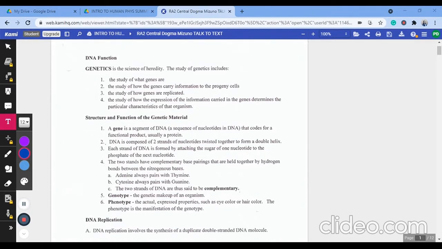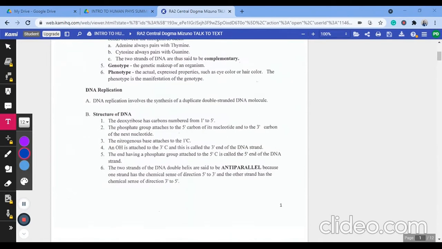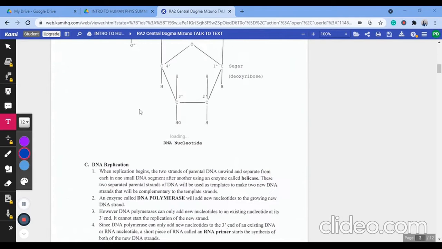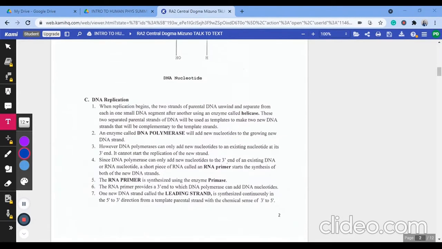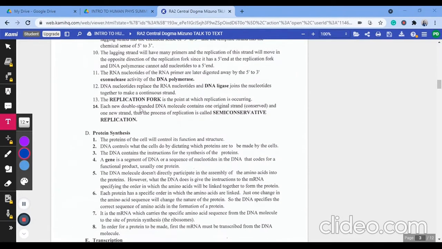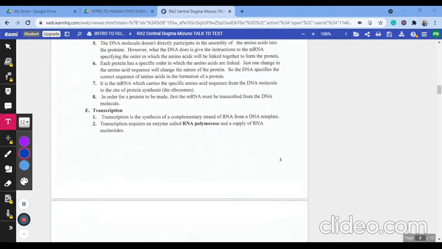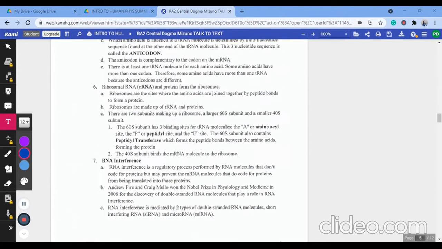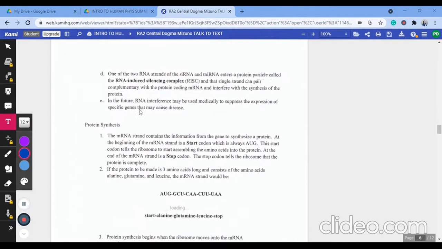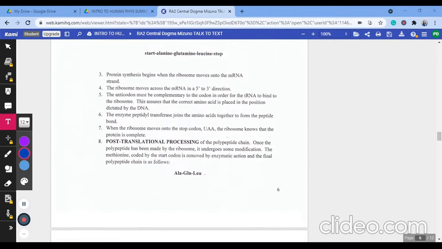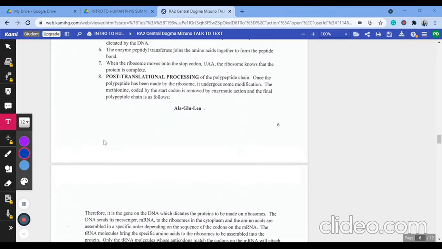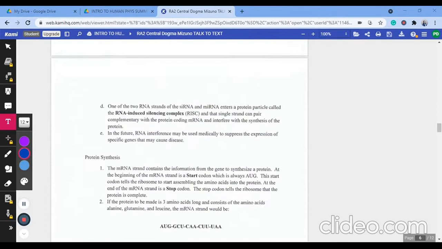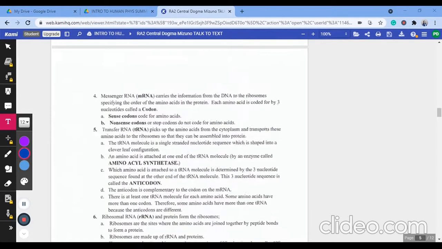The second is the structure and function of the genetic material: structure of DNA, DNA replication, protein synthesis, transcription, and translation. Yeah, that will be it.